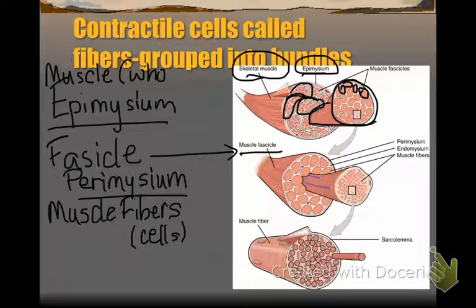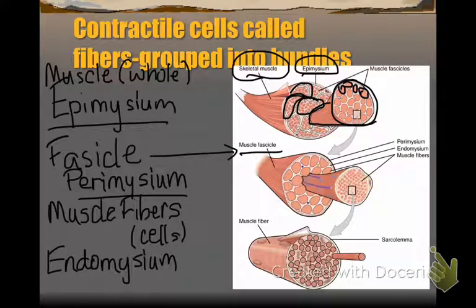So the whole muscle is wrapped with the epimysium. The fascicle is wrapped with the perimysium. Muscle fiber. Okay. And then between the fibers, you have something called the endomysium. The endomysium goes between the fibers.